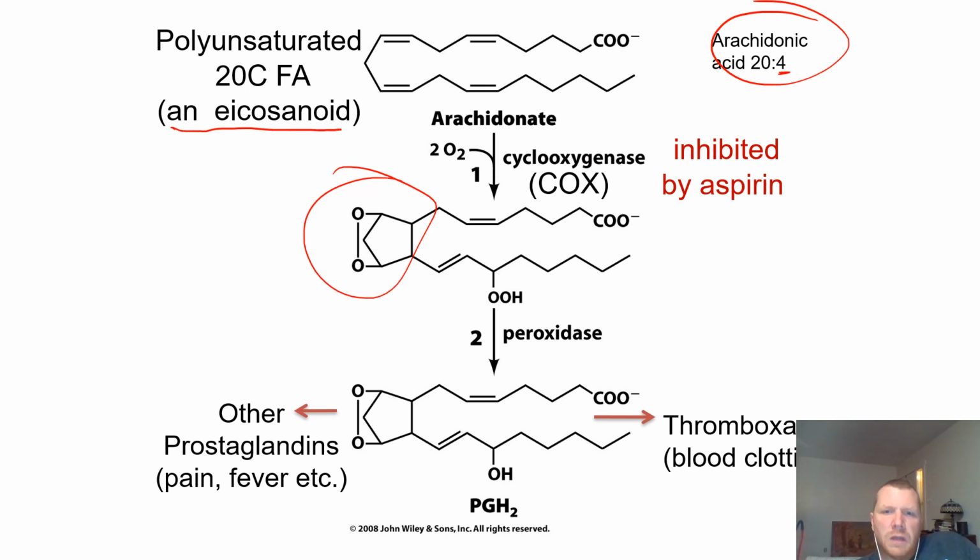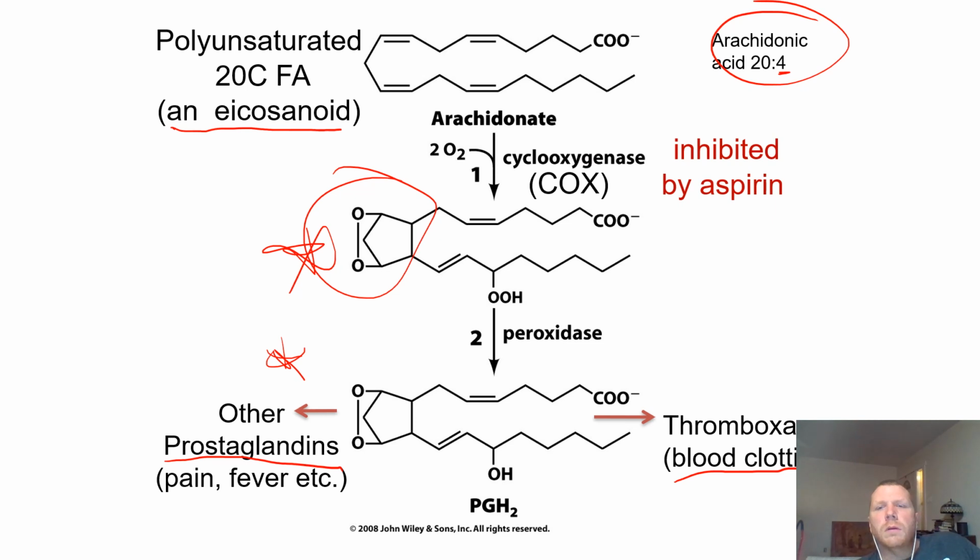Now, the significance of that is after this structure has been formed, a peroxidase is going to come along and basically make something that will lead to production of prostaglandins, as well as something that will lead to production of thromboxanes, which will lead to blood clotting. Now, when you think about this, it's these molecules, other prostaglandins, that will lead to the development of a fever or any sort of pain.